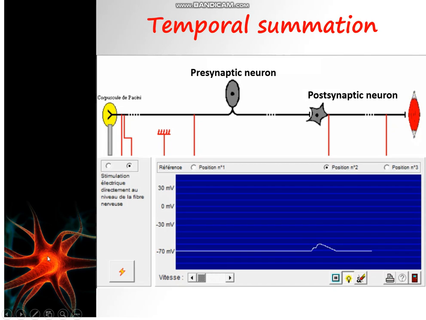And now we apply three successive stimulations separated by a short time interval.